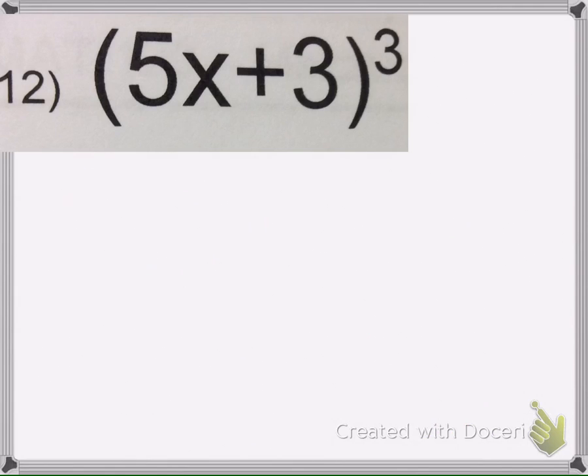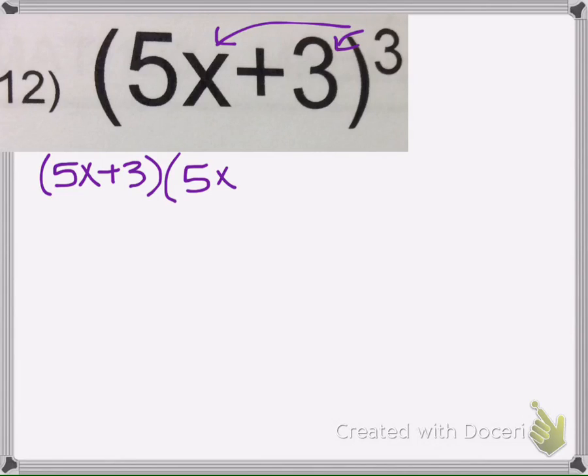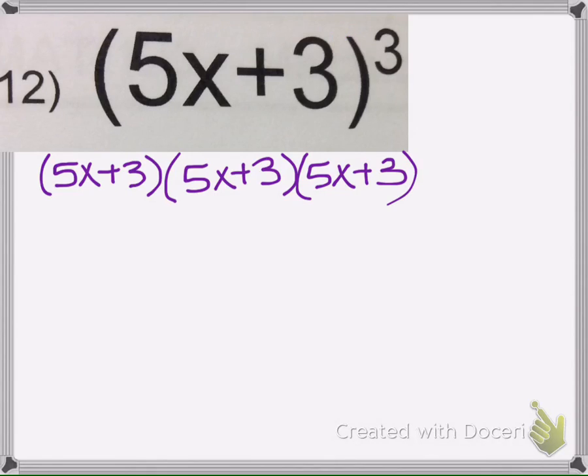So if we take a look at example 12, remember we learned that we cannot distribute this, that instead we have to do 5x plus 3 times 5x plus 3 times 5x plus 3. Okay, so I'm going to go ahead and multiply these two together, so you can only do 2 at a time.